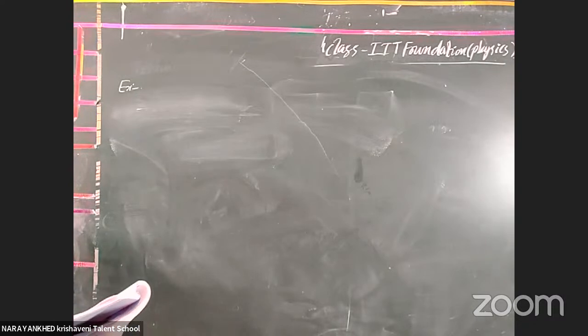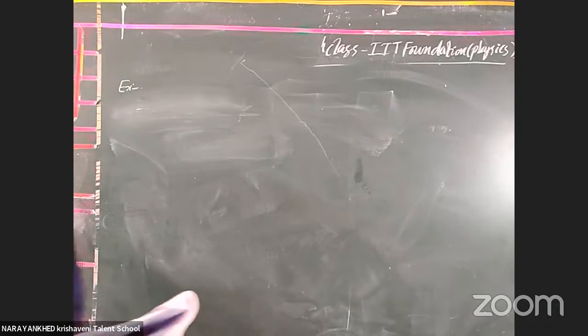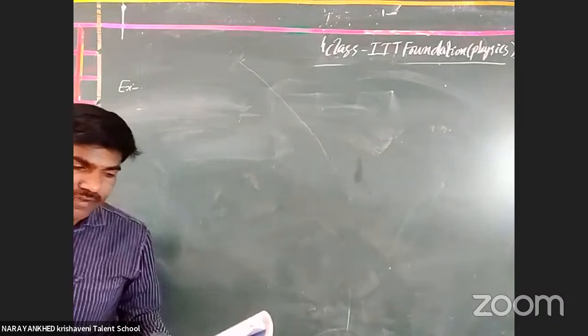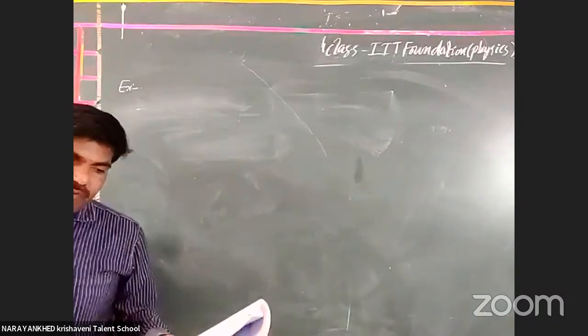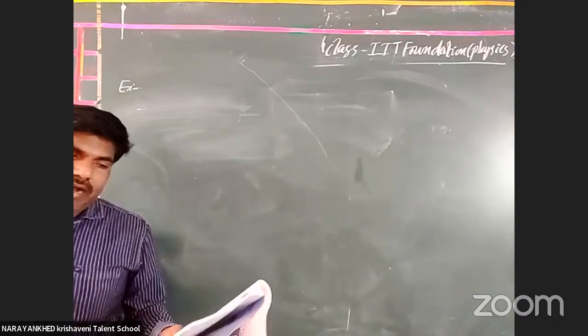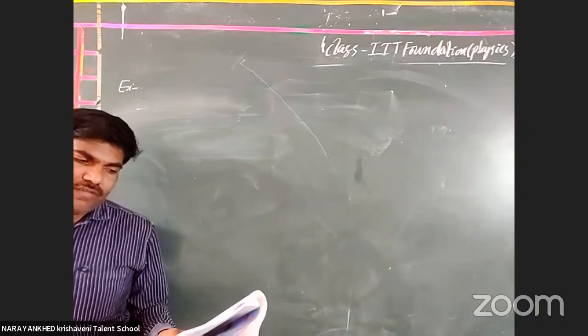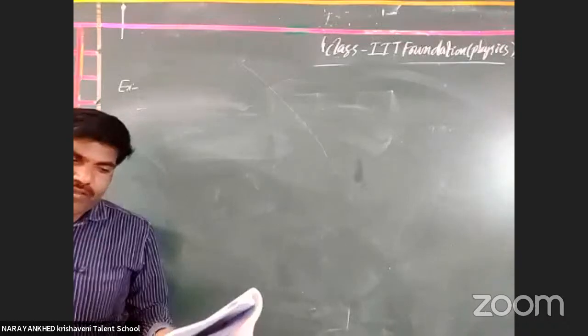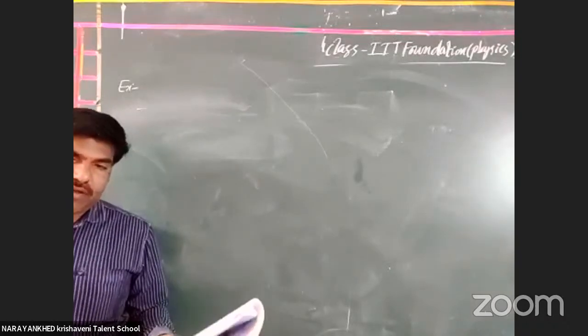Okay, clear or not? Here we consider especially the second law for bodies like these. What is given? An object of 5 kg is far away from the surface of the earth and has an acceleration of 6 meters per second square toward the center of the earth. Find the force exerted by the object on earth.